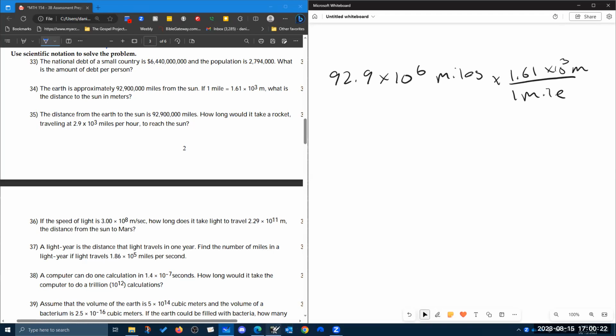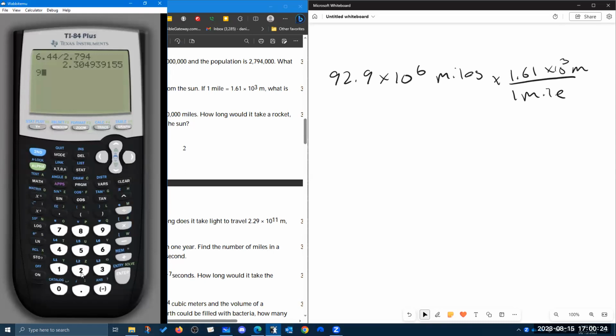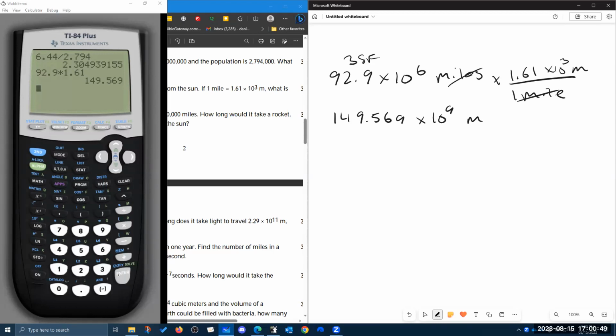Let's take 92.9 times 1.61 times 10 to the ninth meters. This is 3 sig figs. This is 3 sig figs. So I should give my answer in 3 sig figs.